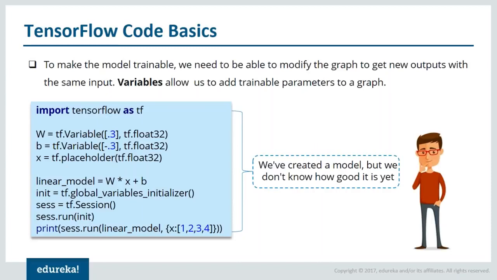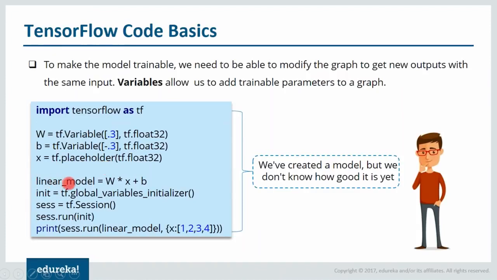In order to declare variables, you can refer to the code in front of your screen. We have taken two variables and one placeholder. The first variable has a value 0.3, the other variable has minus 0.3, and the placeholder will remain empty, and later on we feed in some values to it.